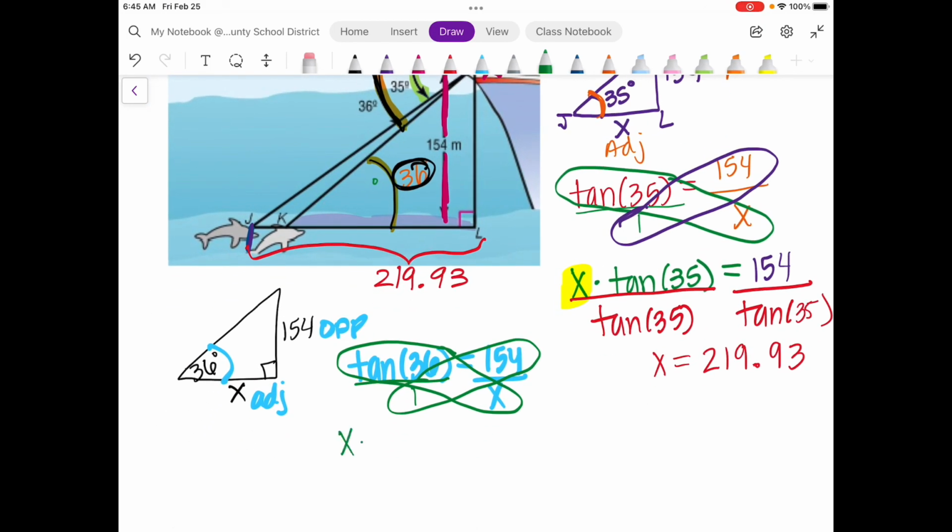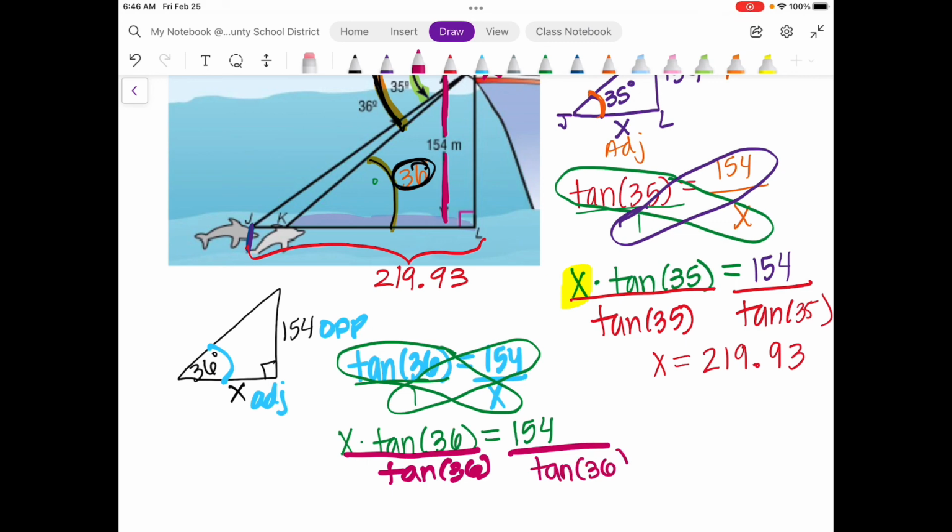So x times tangent of 36 is equal to 154. And then we can divide both sides by tangent because they were originally being multiplied, and the opposite of multiplication is division. So take a moment to type that in, 154 divided by tangent of 36.